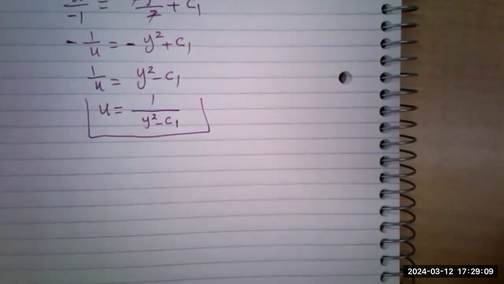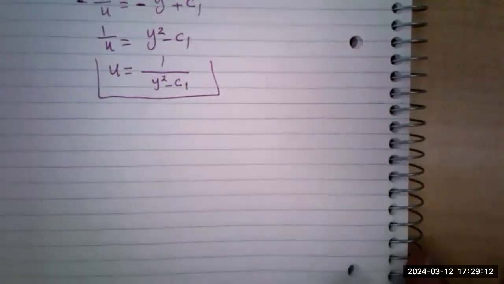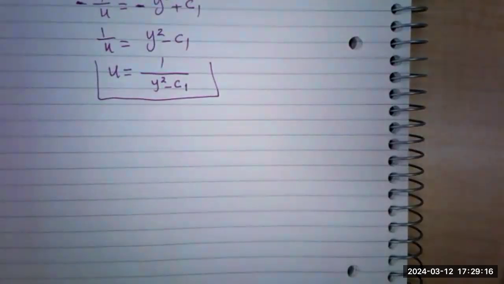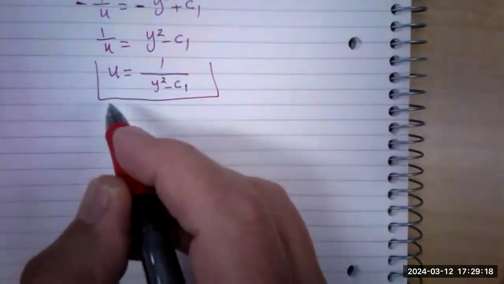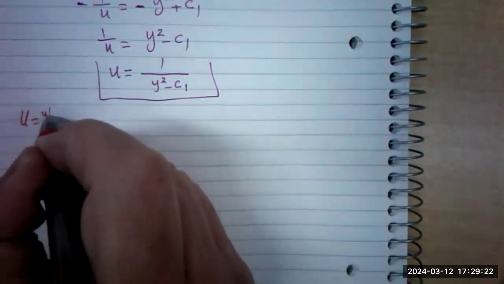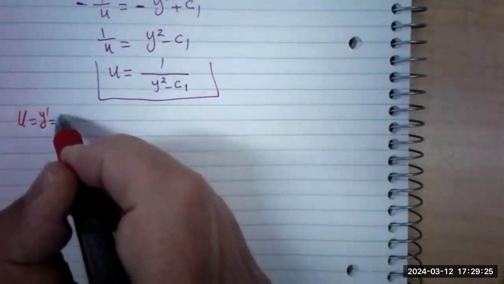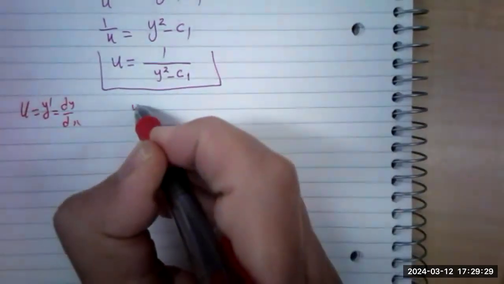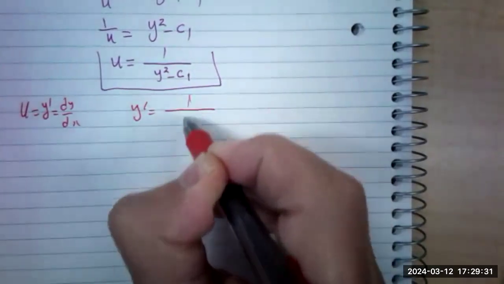So substitute for u to see what type of result is going to be. Remember, u is y prime, which at the same time, you know, is dy/dx. Or you can do it in 2 steps. So it's going to be y prime.